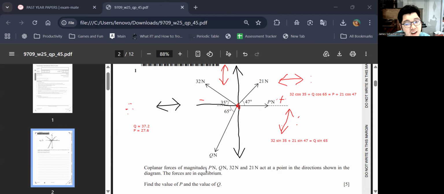And this way we can form a system of equations to solve for P and Q.